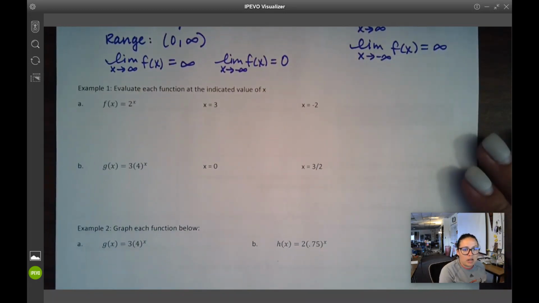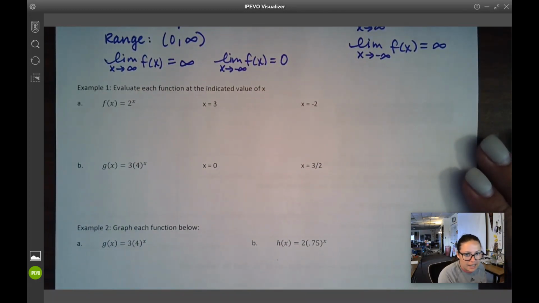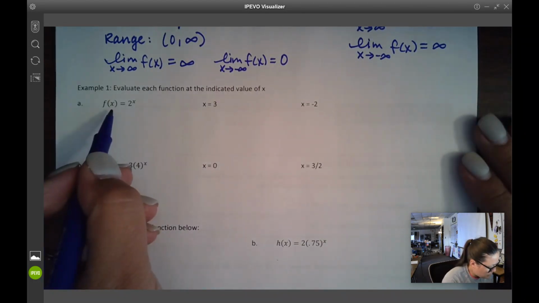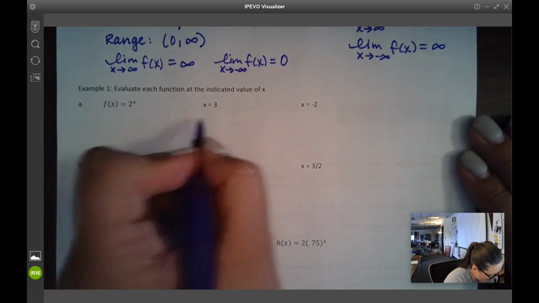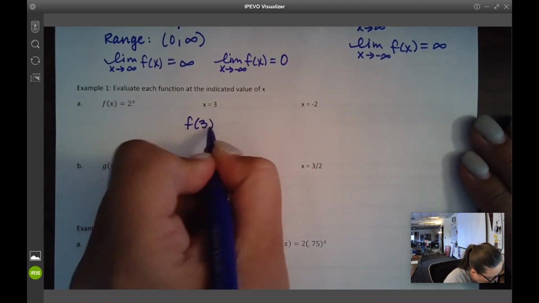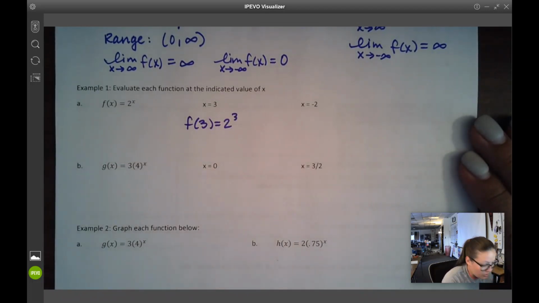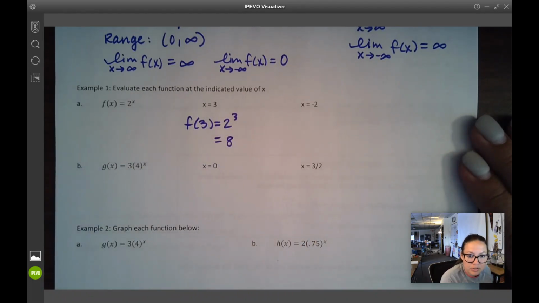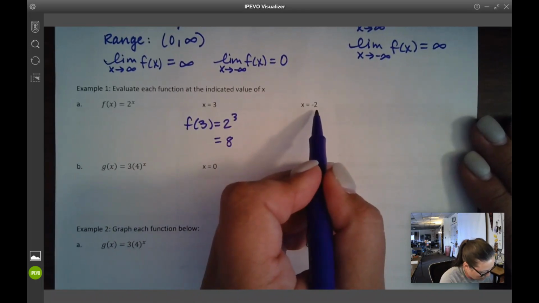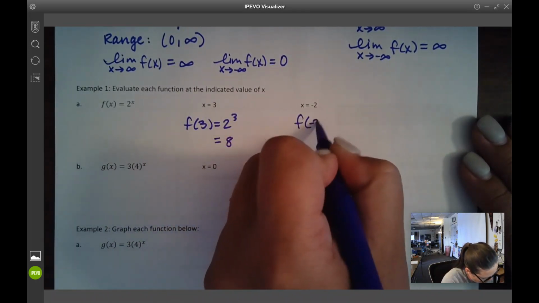So example 1, it says evaluate each function at the indicated value of x. So our first one is f of x equals 2 to the x. So if x is 3, I'm just going to have 2 to the third, which is 8. 2 times 2 times 2. All right, what if x is negative 2?